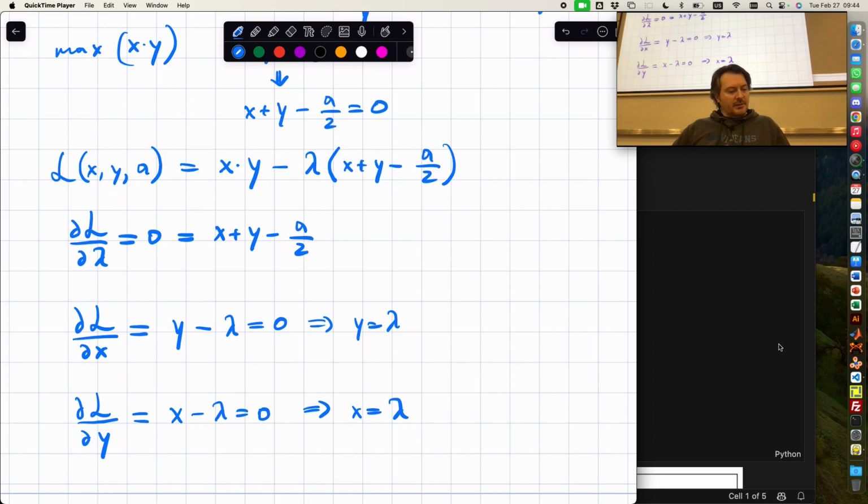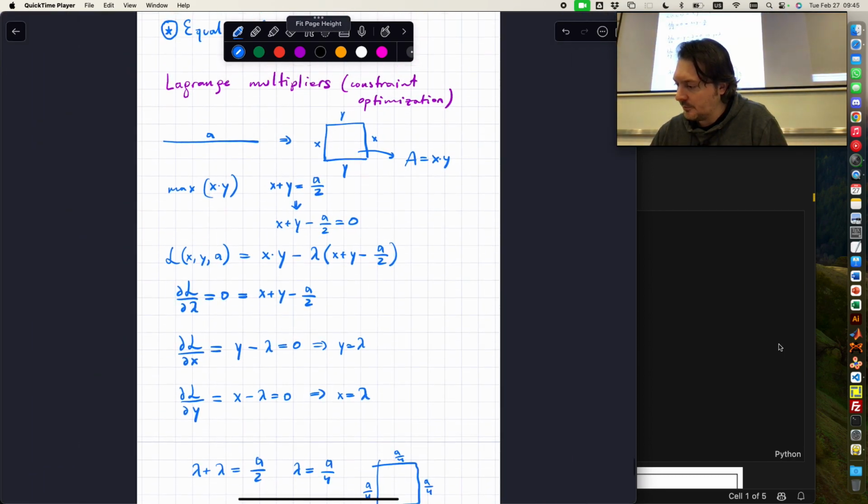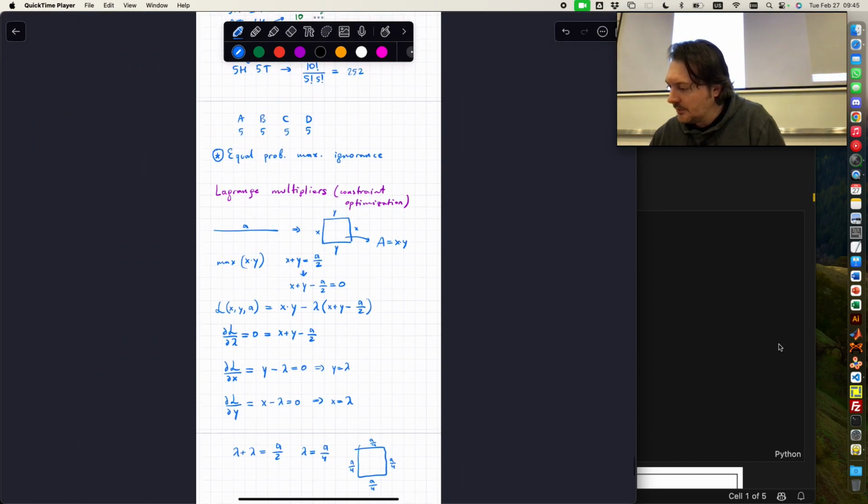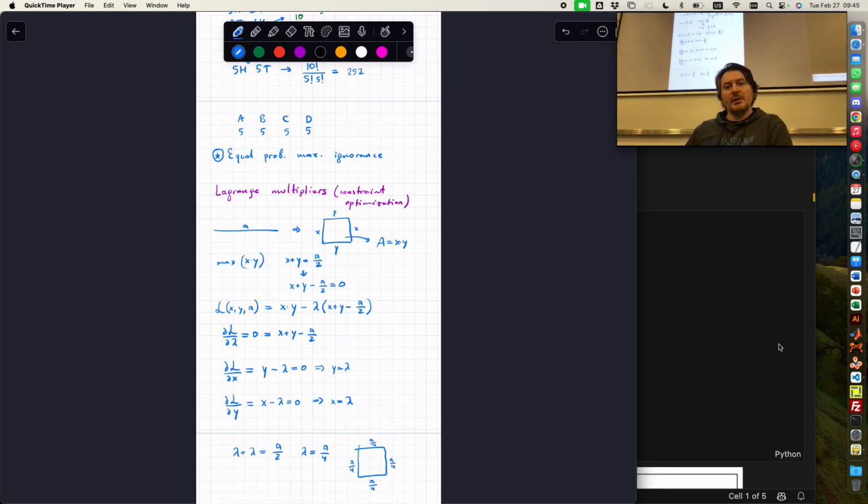Okay, so what? So let's come back to our problem. Let me just show it to you this way. If you remember, we said that equal probability maximizes ignorance, right? Let me give you another example, a computational example.